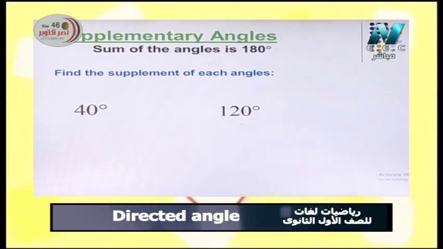Find the supplement angle of 40 and 120. We know that supplementary angles are two angles whose sum equals 180 degrees.